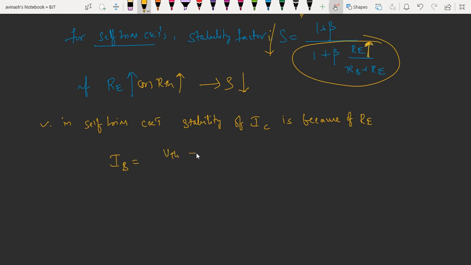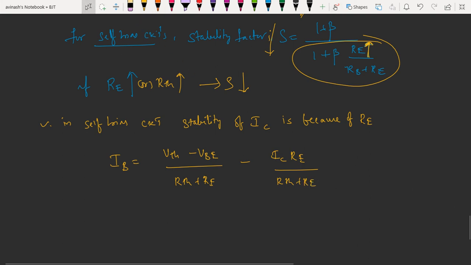Thevenin's voltage minus the VBE divided by R Thevenin plus RE, minus IC into RE by R Thevenin plus RE. How do we apply this one? Again the same.